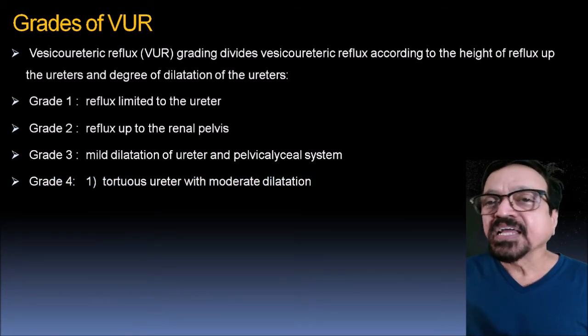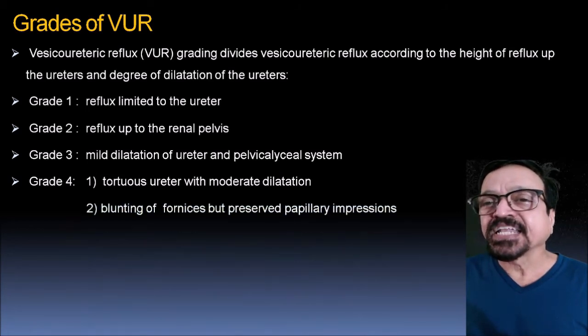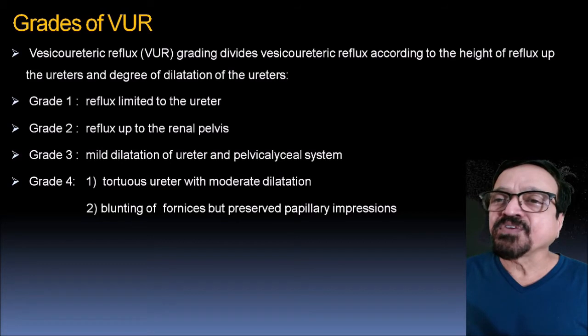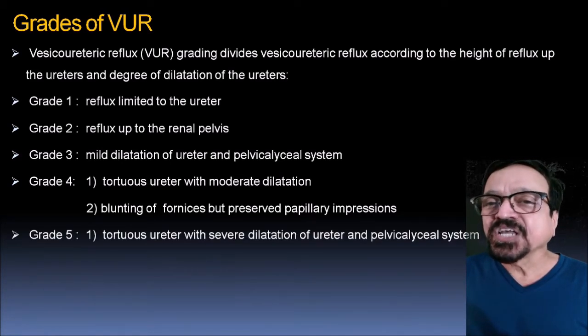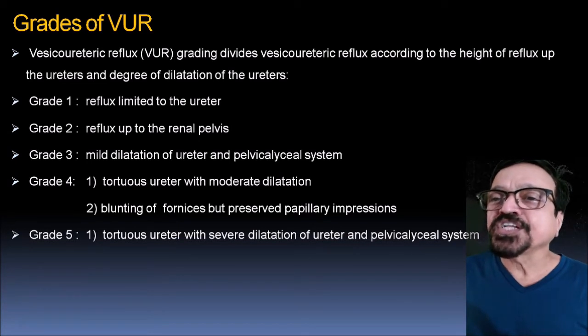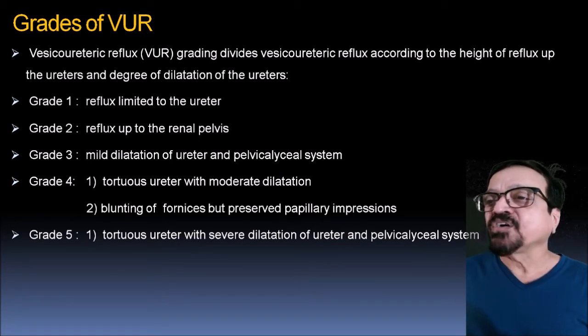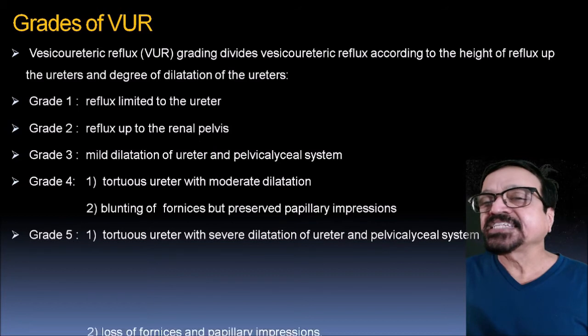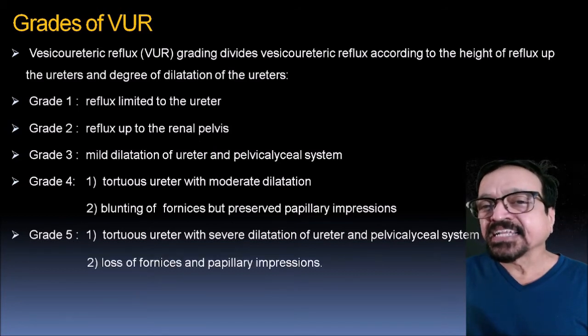Grade 4 is a tortuous ureter with moderate dilatation, blunting of the fornices but preserved papillary impressions. Grade 5 is a tortuous ureter with severe dilatation of the ureter and pelvicalyceal system, with loss of fornices and papillary impressions.